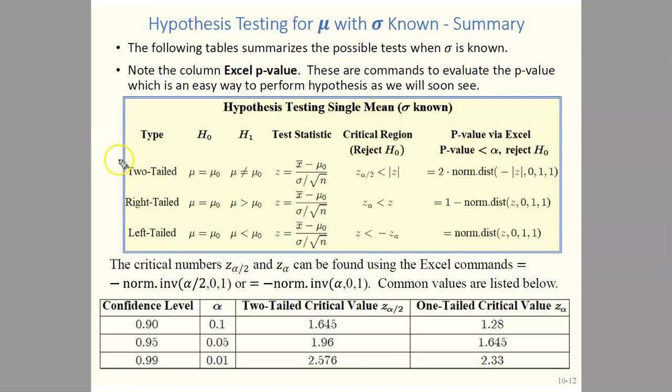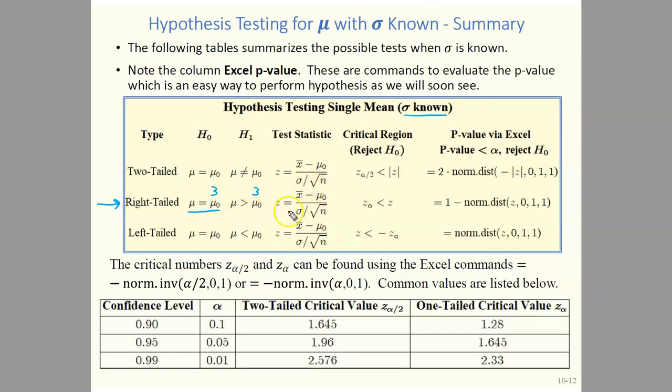Now here's our summary for hypothesis testing for a population mean when the population standard deviation sigma is known. Now for our problem, we have a right-tailed test where the null hypothesis is mu equals 3, so the mu naught is 3 in this case. And the alternate is mu is greater than 3.